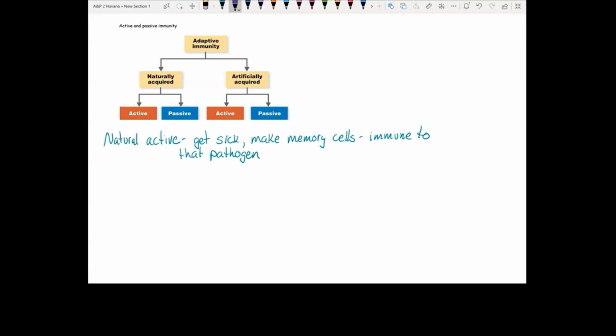Then we have natural passive. This is mother to child. A baby is born with their mom's antibodies.